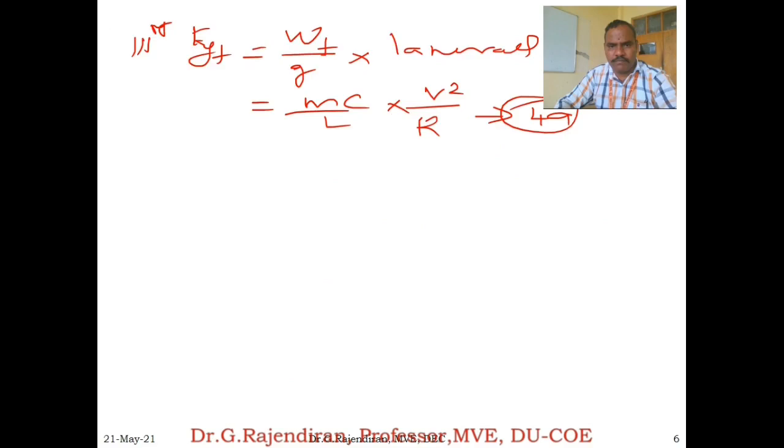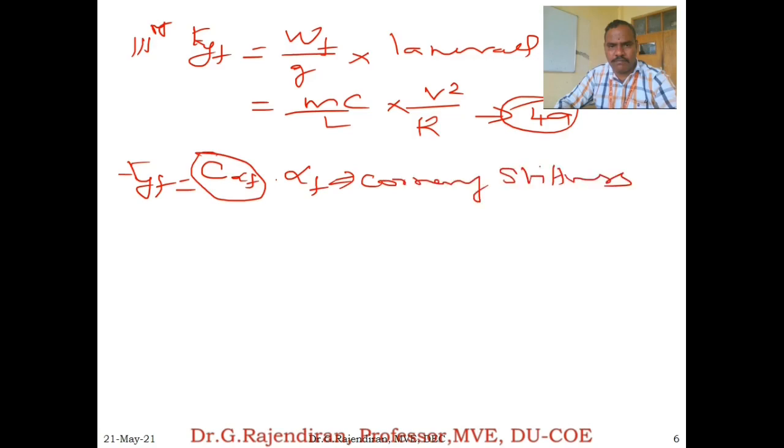Correct? Now we know that from the basic tire model, the lateral force FYF is equal to C alpha F into alpha F. What is called C alpha F? Cornering stiffness. Cornering stiffness is equal to the lateral force over the slip angle. Clear?